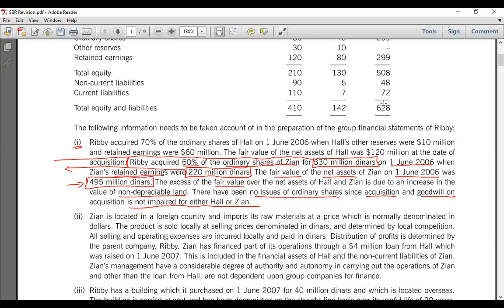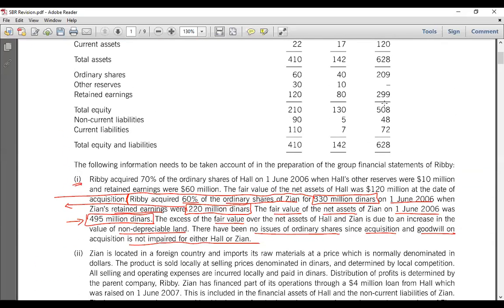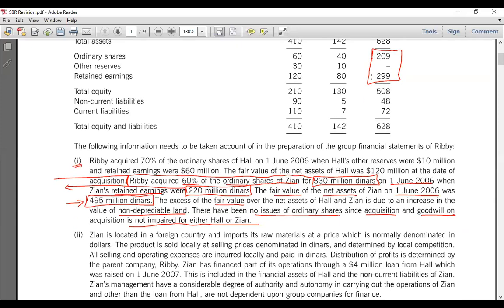Apart from that, if I go upwards in the question, I will find the values at the balance sheet date. So 209 and 299 are the share capital and the retained earnings, with no other reserves or other components of equity. So the share capital is 209 and retained earnings are 299 with no impact in the OCE, so we can even remove that.